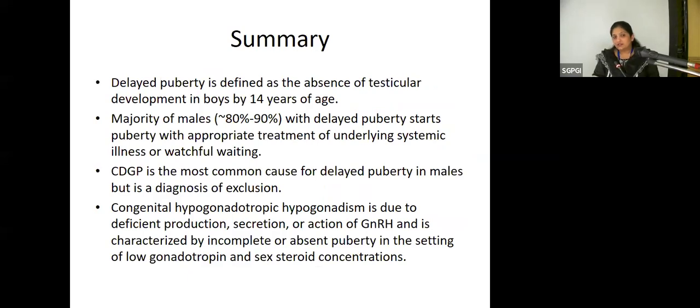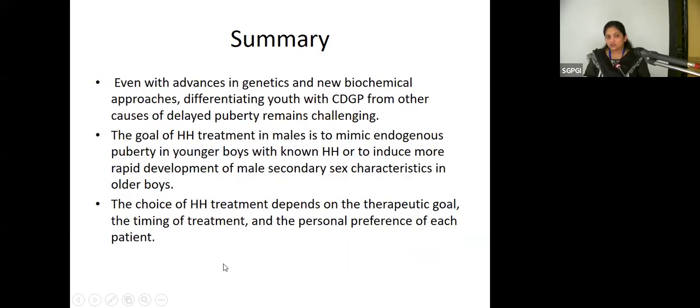So to summarize, delayed puberty is defined as the absence of testicular development in boys by 14 years of age. The majority start puberty with appropriate treatment of the underlying systemic illness or watchful waiting. CDGP is the most common cause, but it is a diagnosis of exclusion. Congenital hypogonadotropic hypogonadism can be partial or complete and should be considered in the setting of low gonadotropins and sex steroid concentrations.